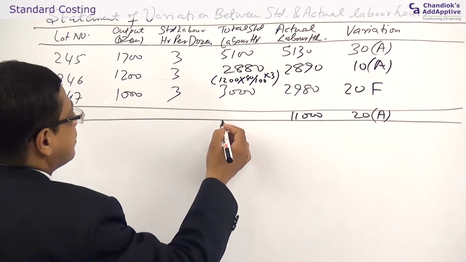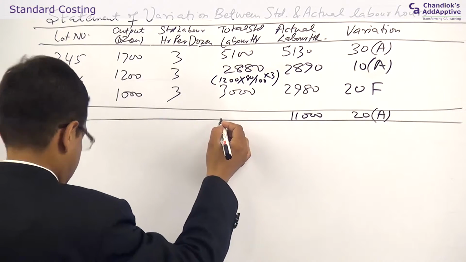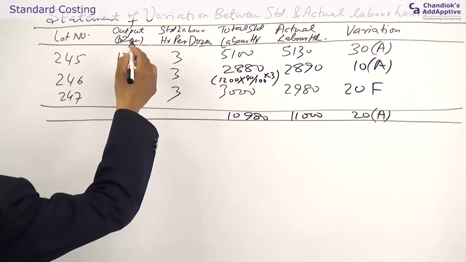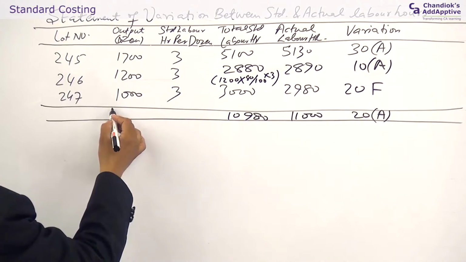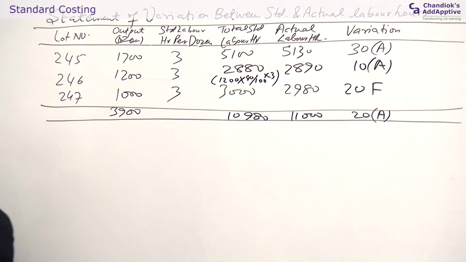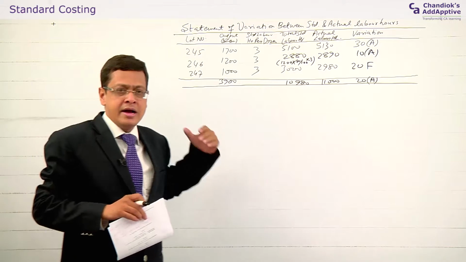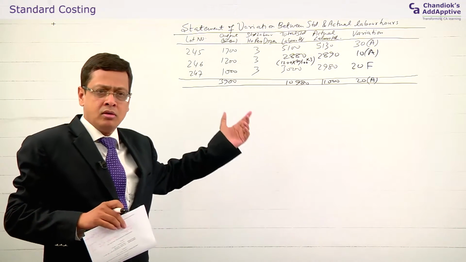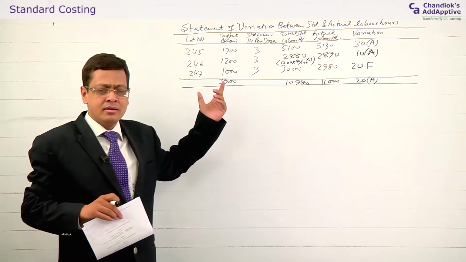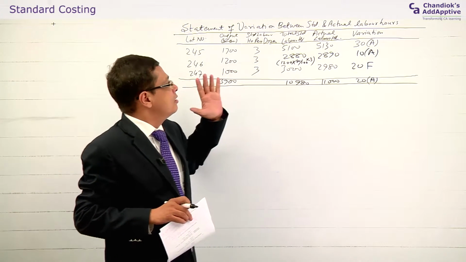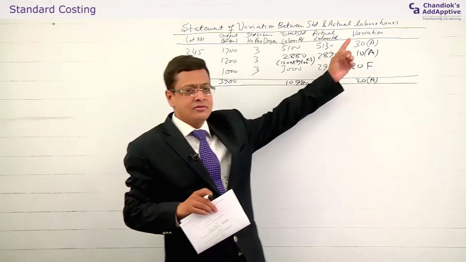11,000. If you total the standard labor hour, it comes 10,980 and the output if you count is 3,900. So, this is the third item which tells you what is the labor difference, the word is variation.